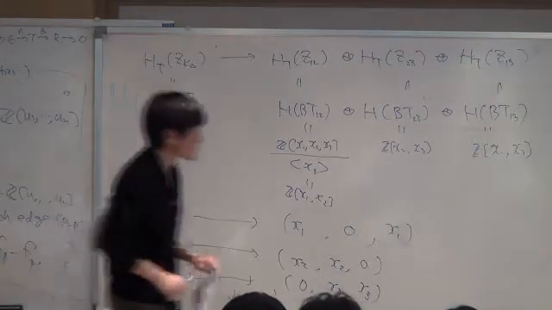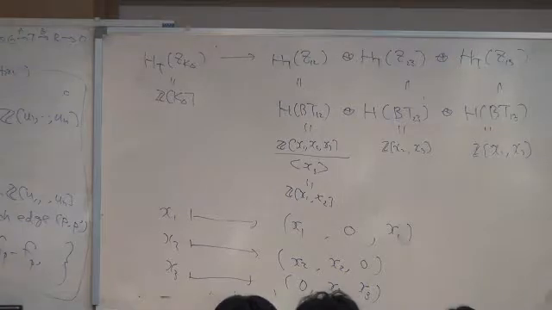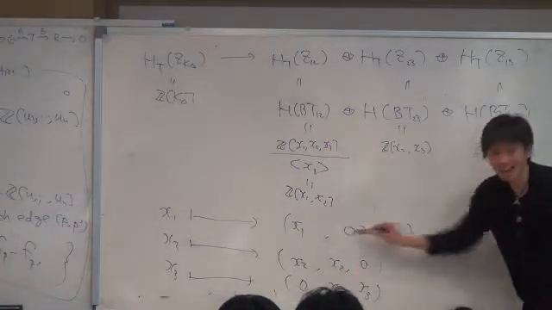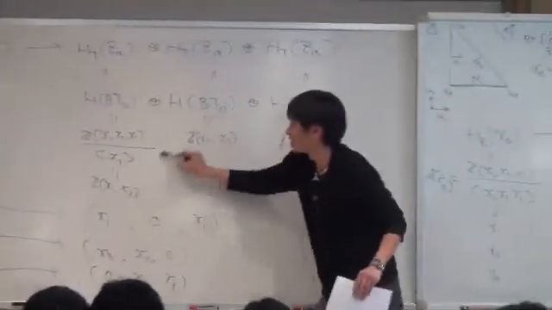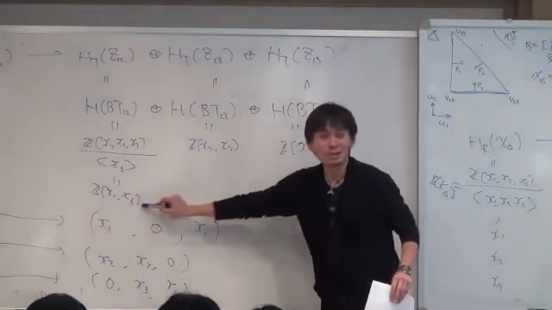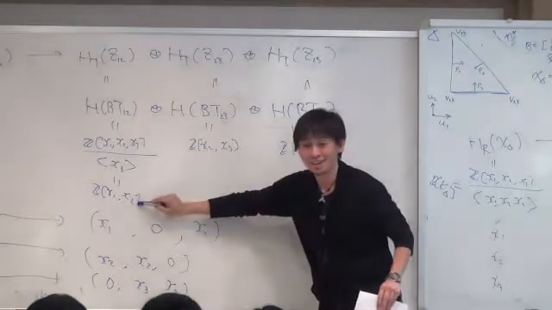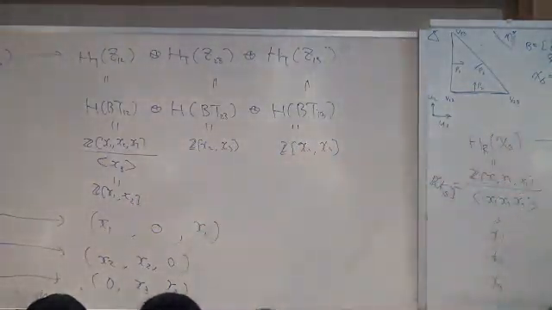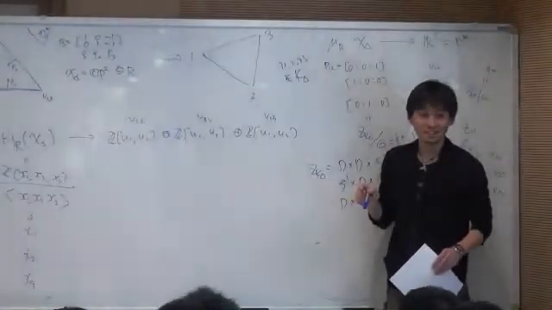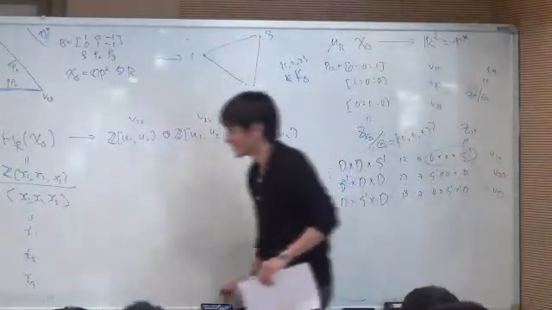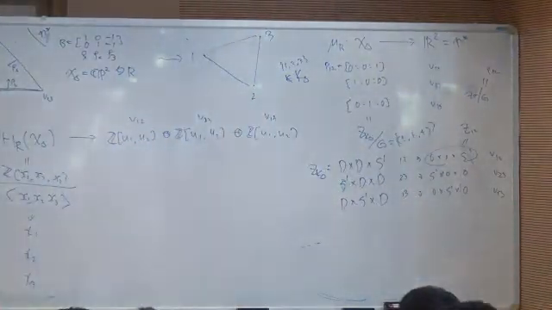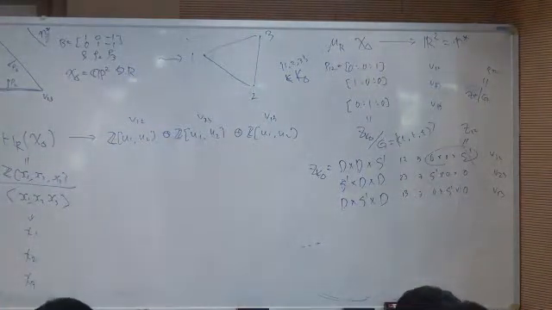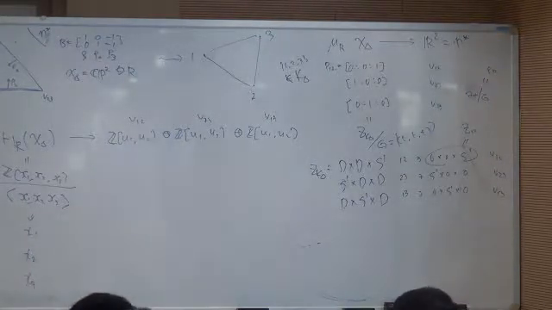Okay? So now, how can I turn these x's, how can I identify this polynomial ring with two variables with all these? This is very linear algebra, right?